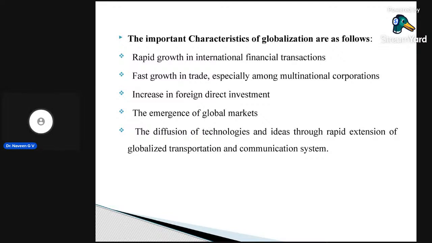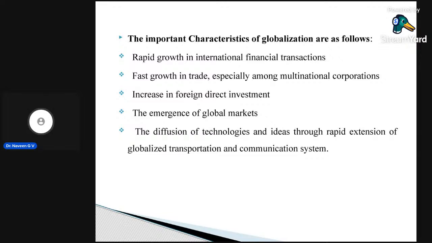The important characteristics of globalization are, number one, rapid growth in international financial transactions. When companies enter the global level, automatically the buying and selling services increase.